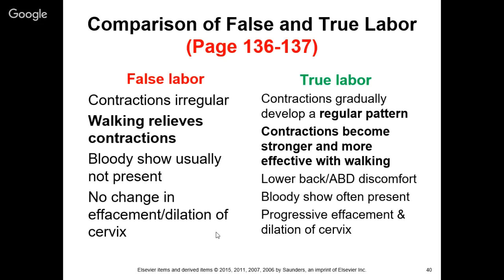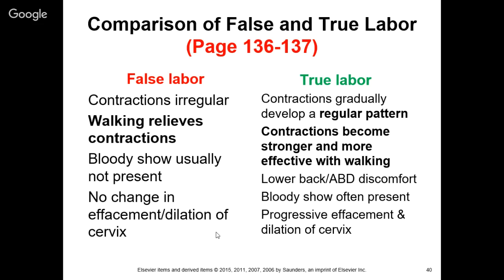There's no bloody show, and no change in effacement and dilation. So if a woman comes in and says, I think I'm in labor, and she's 2 centimeters, 10% effaced, and then she comes back 6 hours later and she's the same, it's probably not true labor. It might be her body getting ready, but it's not really labor.